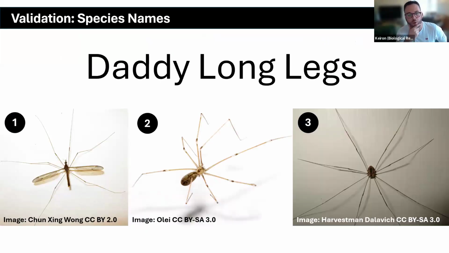So common names are something that can be quite problematic. I personally believe it's always best, if you can, to try and use scientific names in your data set because they are more standardized. So for example, here the term daddy longlegs can refer to the whole group of crane flies, which is several families within Diptera.